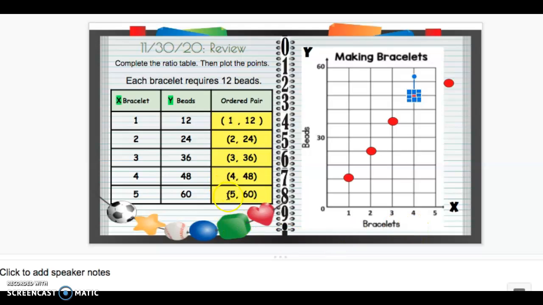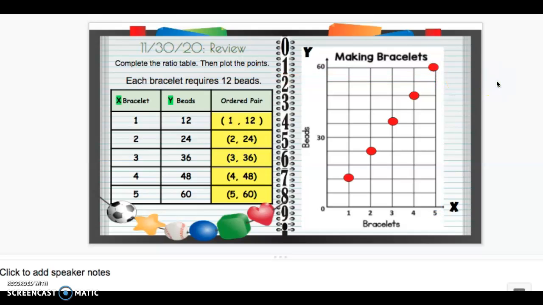Okay? Then you have 5, 60. So you start at your point of origin. Your X is 5, so you walk to 5. Then you're going to fly to 60. So you're going to go 6, 12, 18, 24, 30, 36, 42, 48, 54, 60.